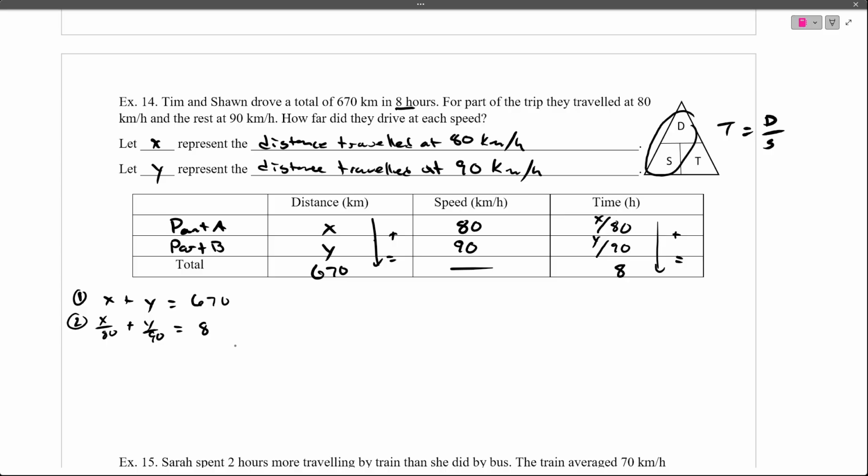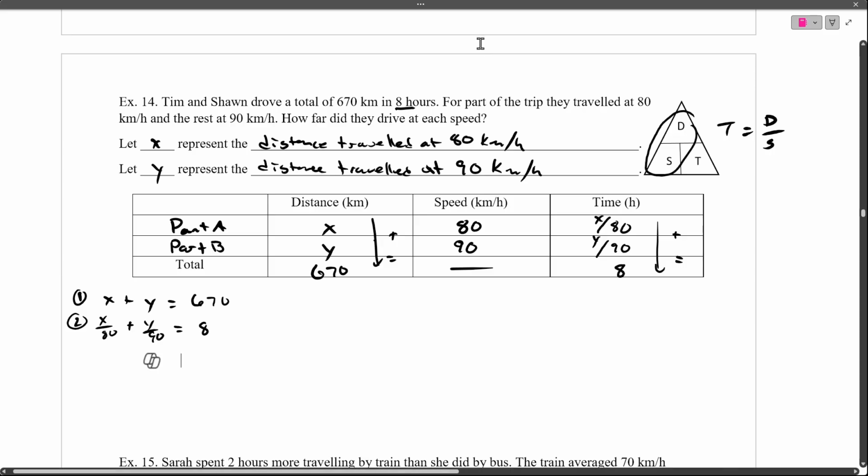So we need to kind of make them work. How do we want to do this? We got to choose which variable we want to get rid of. Let's say we want to get rid of y. That means we need to make both these values equal the same, right? So there's not really pretty numbers here to work with. So what we're going to do is we are going to multiply to get to the value that we actually want. So in terms of the bottom, what do we want to multiply?